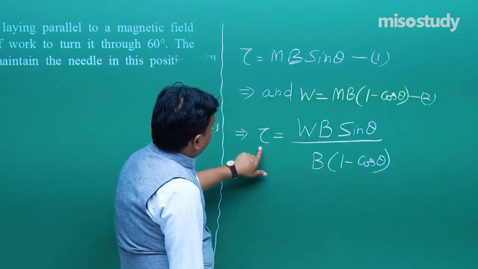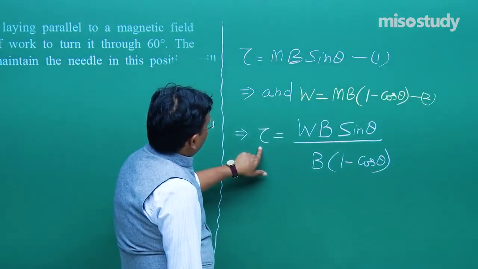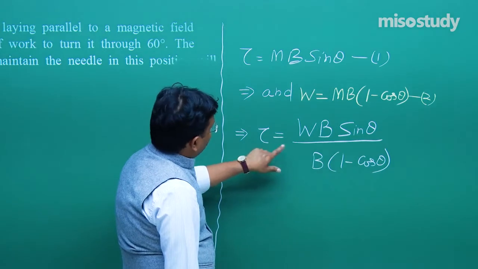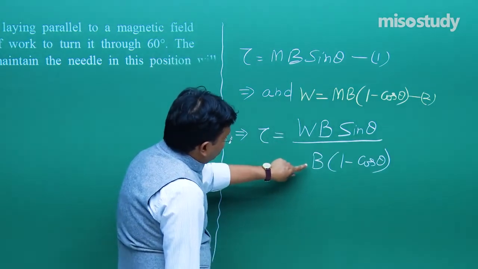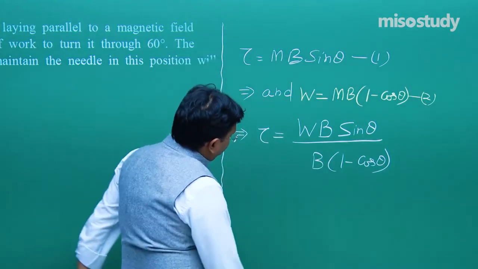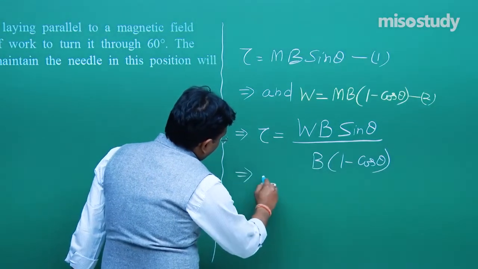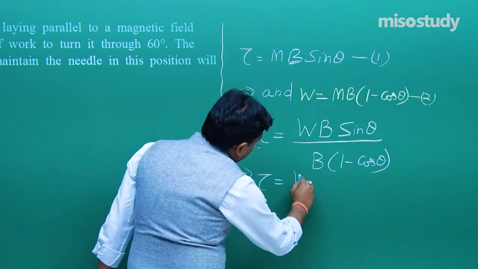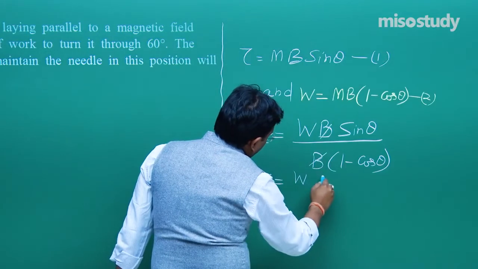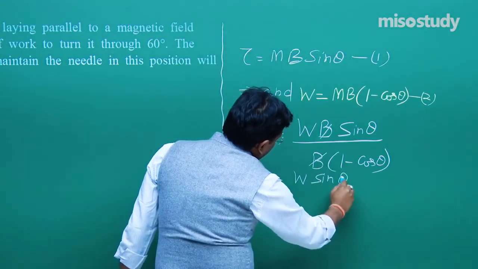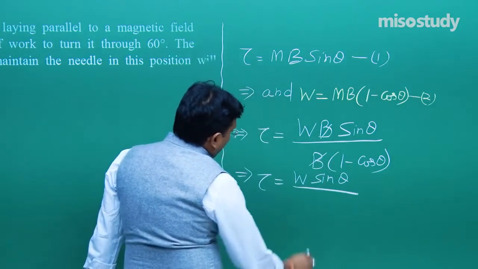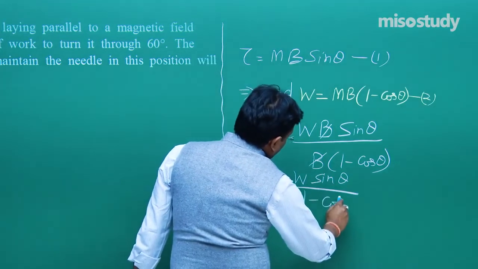So tau is equal to mB sin theta, that is W in terms of, yes, deliberately I am mentioning that, and B into (1 minus cos theta). So what I can write from here, that tau is equal to W sin theta upon (1 minus cos theta).